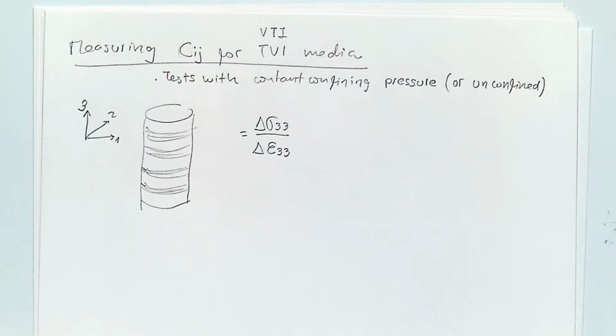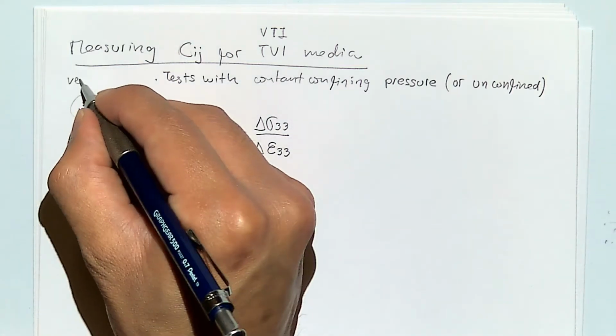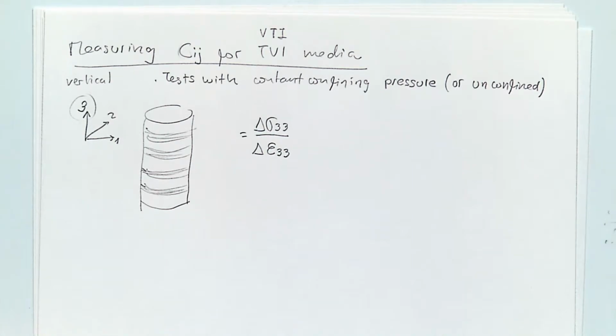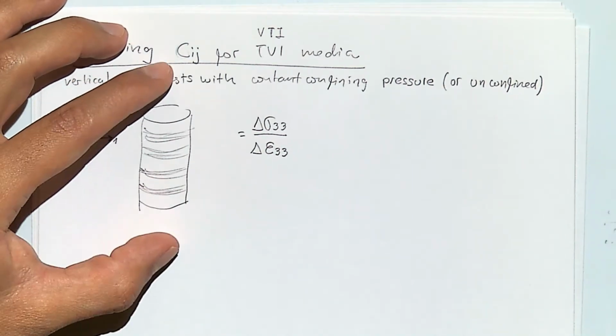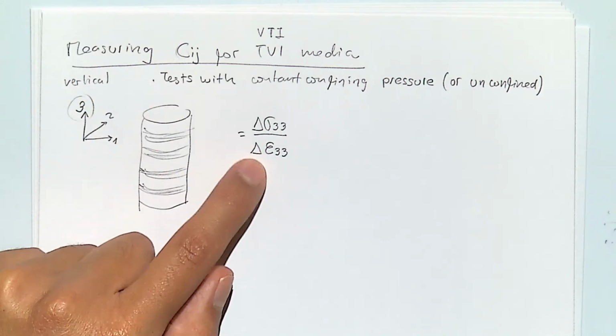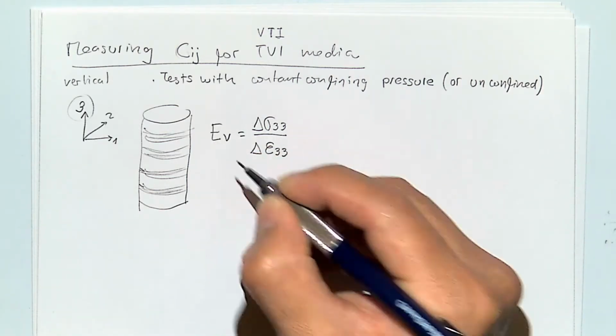So let's assume that this axis number 3 is the vertical axis. So if you were to do such a test and get a sample in such orientation, if I apply stress in direction 3 and I measure strain in direction 3, the proportionality between these two is going to be the vertical Young modulus.